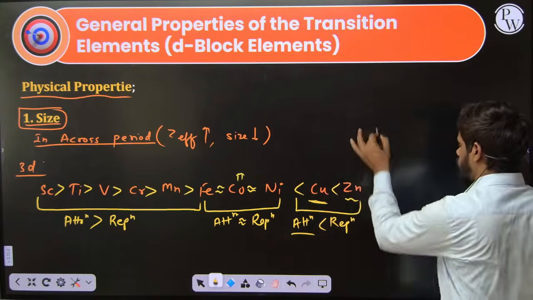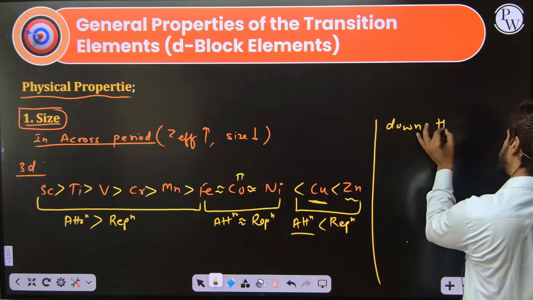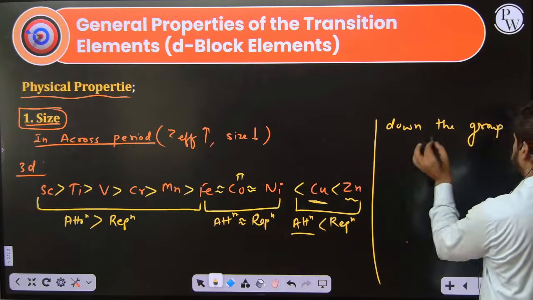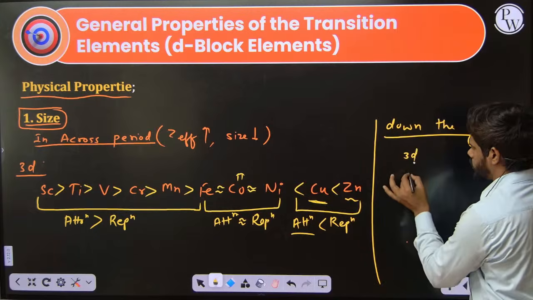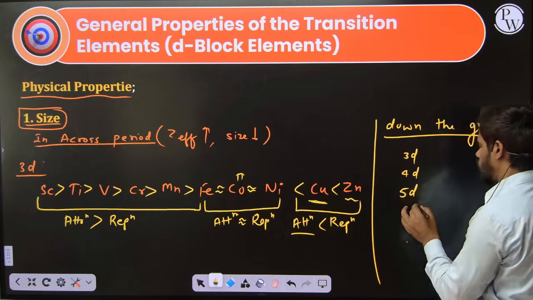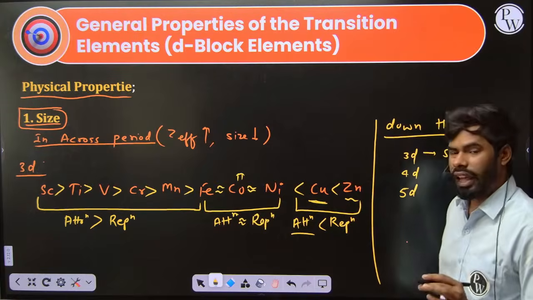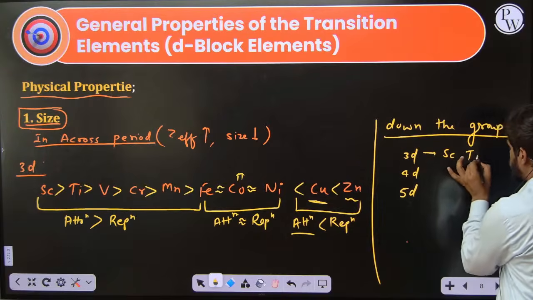Next, we can talk down the group. So down the group we have the 3D series, 4D series, 5D series. These are the series, and the elements start with scandium, then titanium.